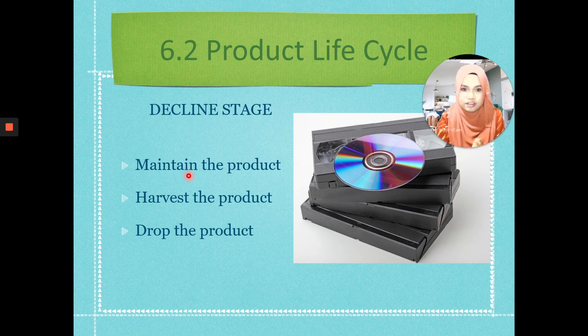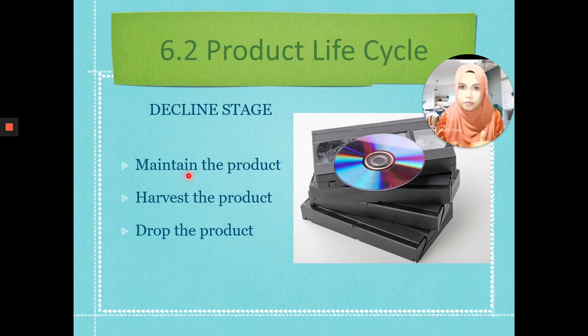And then you can harvest, in a way that you just finish off your production. Whatever raw materials you still have, you make use of them and try to sell it off, even at the lowest price possible, just to finish it off and gain a little profit, or even no profit. It's just that you can break even. Or you can totally drop the product.